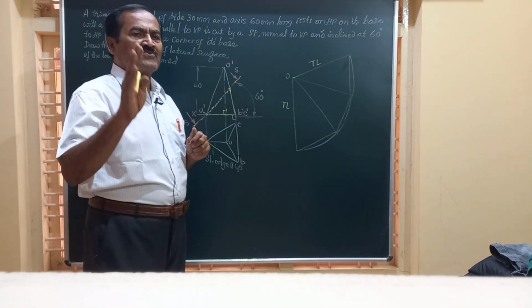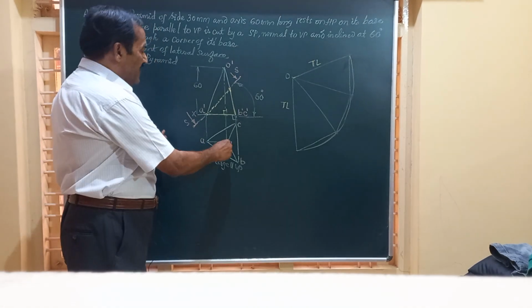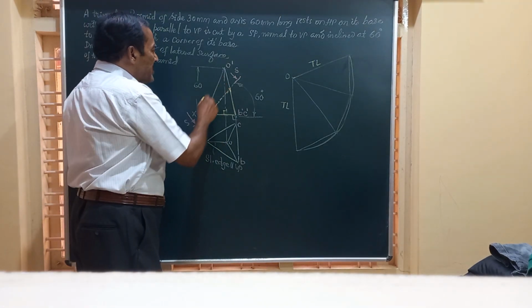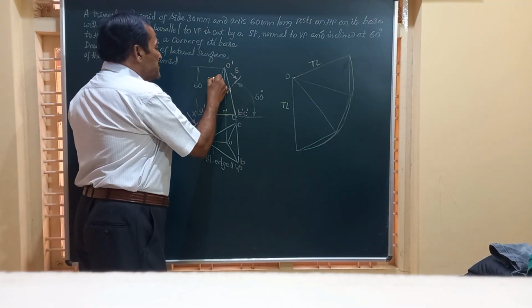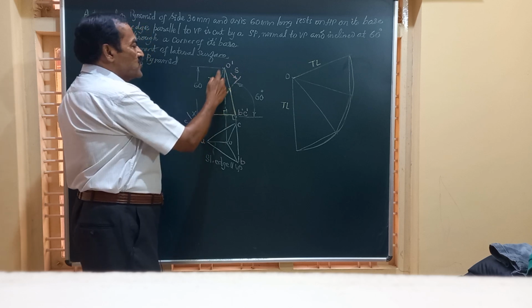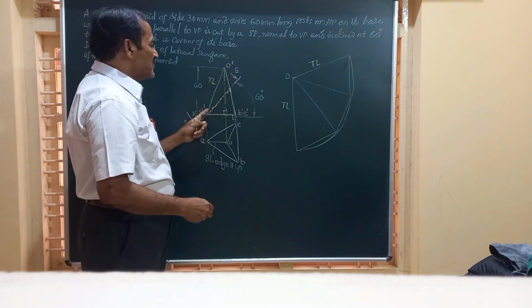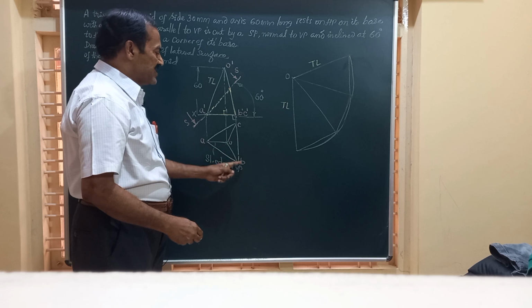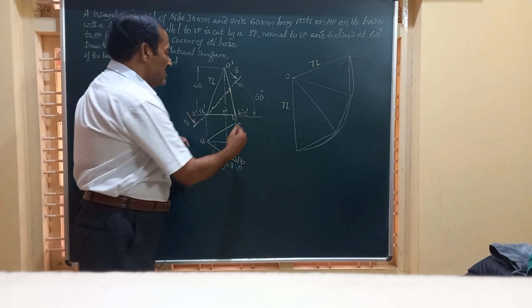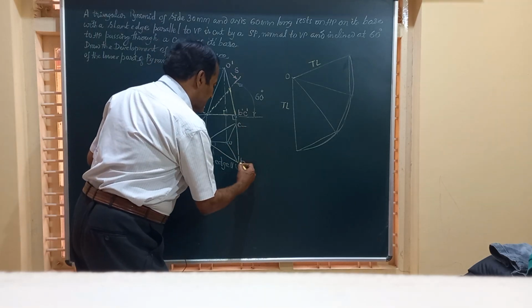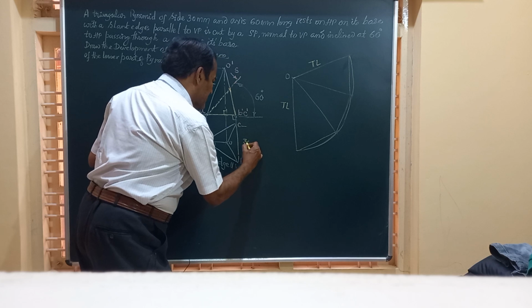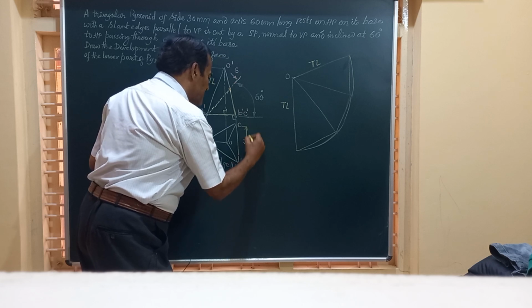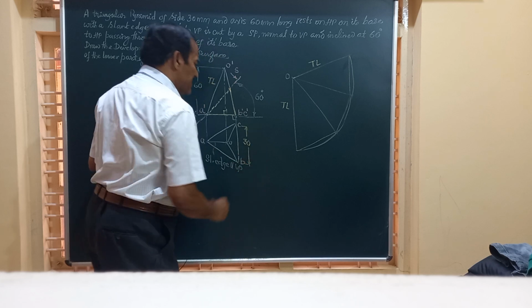OA is one of the slant edges. When it is parallel, the corresponding front view O dash A dash will give you the true length. So making use of this true length, which is 30 millimeter in this case, and base edges, we have to complete the development of this triangular pyramid.